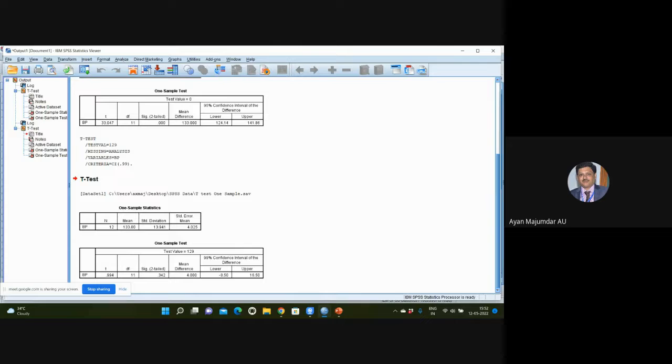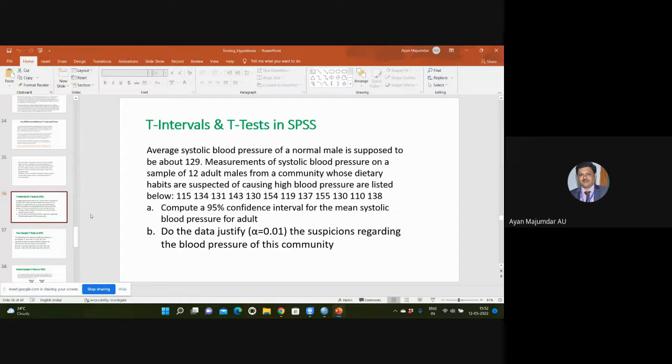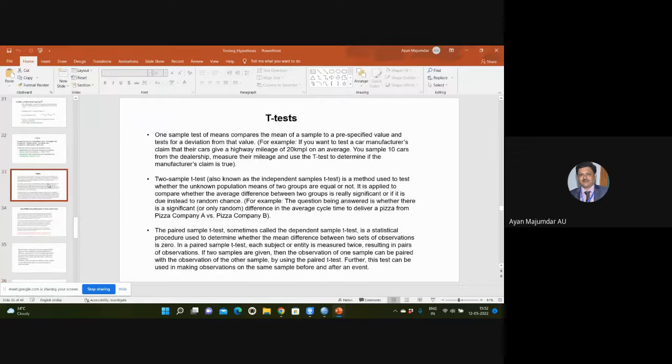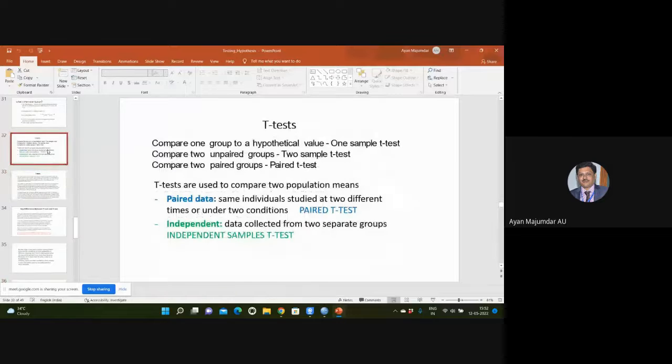Let's move to the second test. Second is the two sample test. Two sample test, unpaired group. There is no relation. We cannot pair the observations.